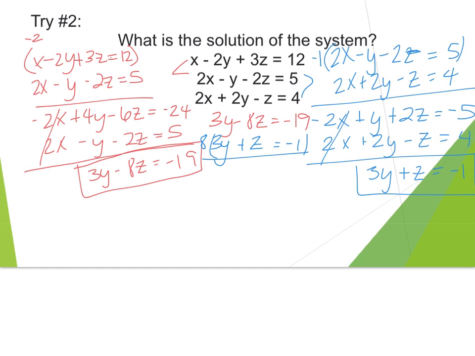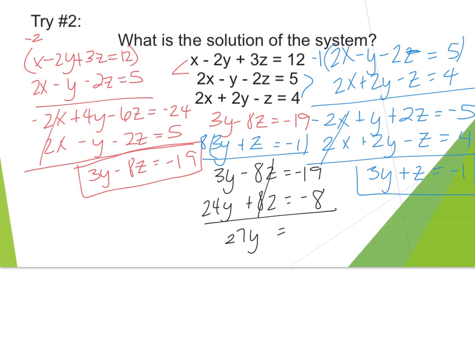So when I rewrite it, I have 3y minus 8z equals negative 19. And then I have 24y plus 8z equals negative 8. I'm going to be left with 27y equal to negative 27, so y will equal negative 1.